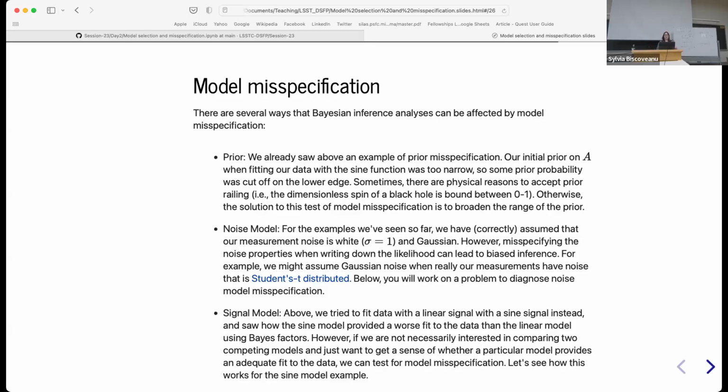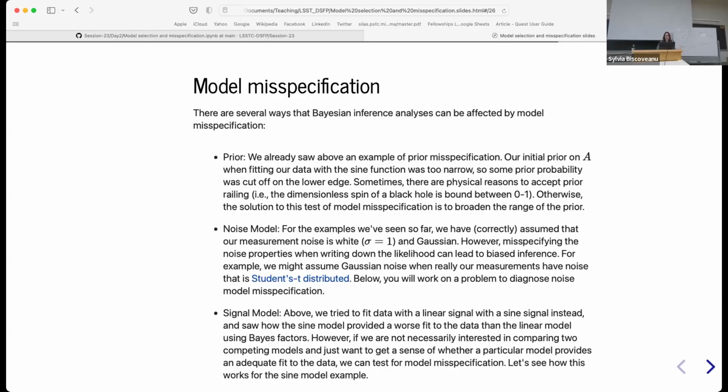And so if you bake in some assumptions about the noise that turn out not to actually represent the noise properties of the instrument that you're using to make those observations, then you can still probably infer the right values of the parameters of your model, but technically you're going to be using the wrong likelihood to fit the data.